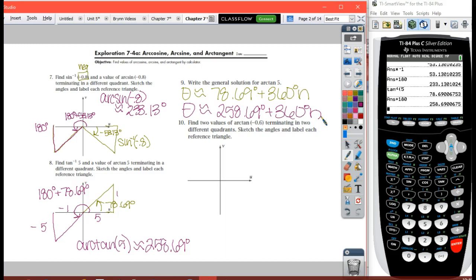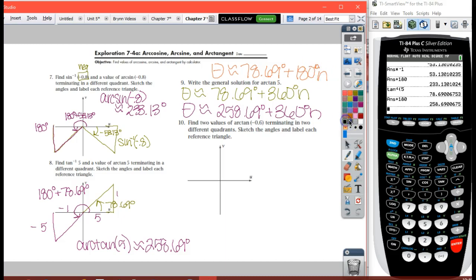Now what makes tangent a little bit different than sine and cosine is that the two answers will always be 180 degrees apart, since the period of tangent is 180. So instead of writing both answers, another way that I could do it is to just start with the 78.69 and add multiples of 180 degrees.